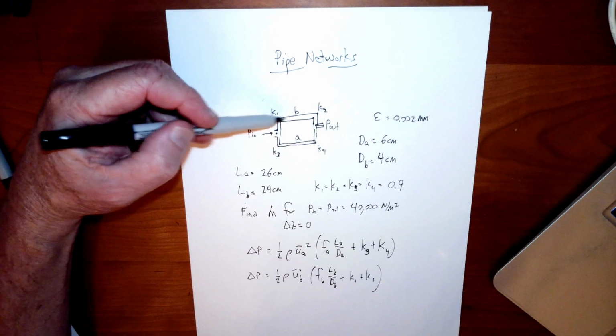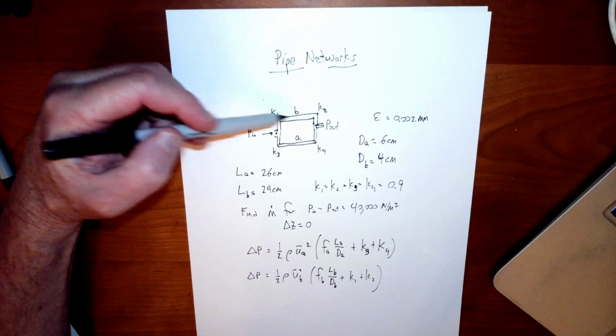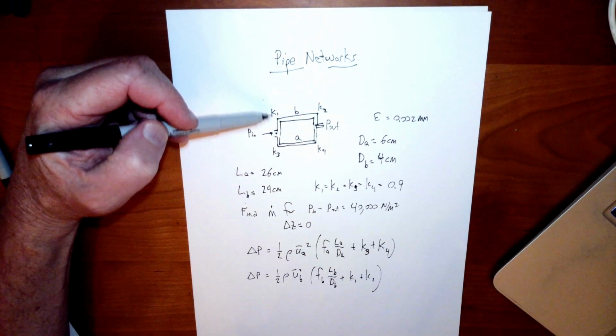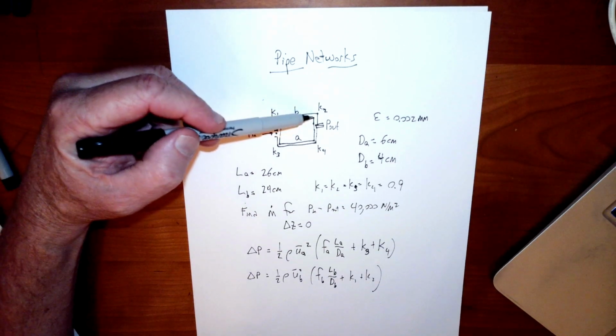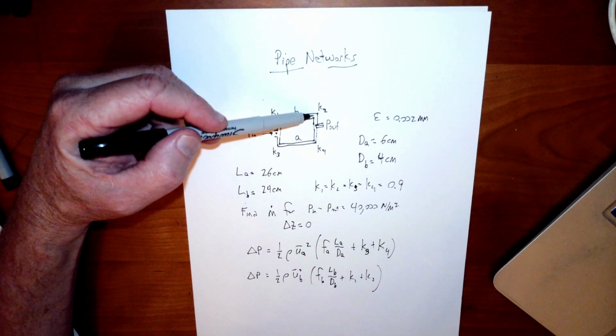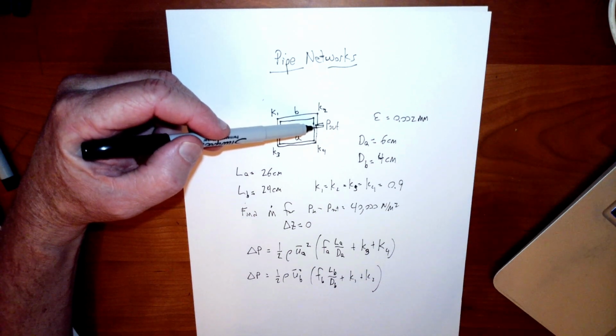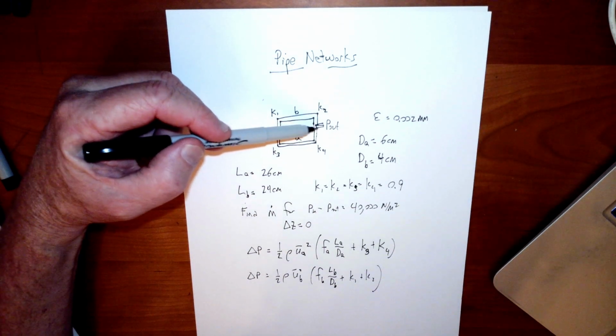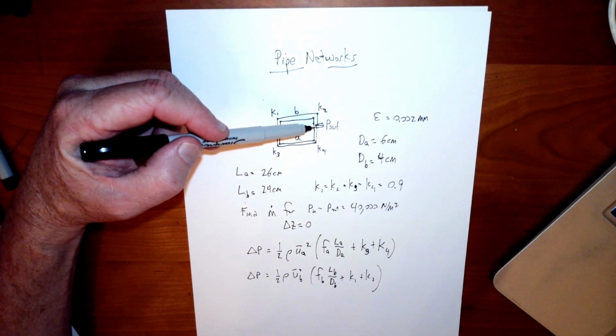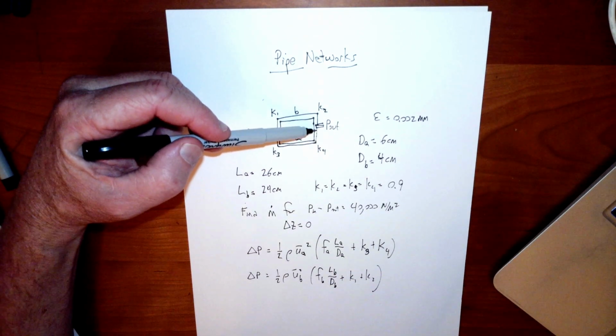Then the flow could go up around the B network, and it passes the loss coefficient due to the corner at K1, the loss coefficient at K2 on the other corner, and then back to the outlet, where again we're not worrying about the pressure of the turn to the outlet. We're just saying we know the pressure somehow right at the junction here.